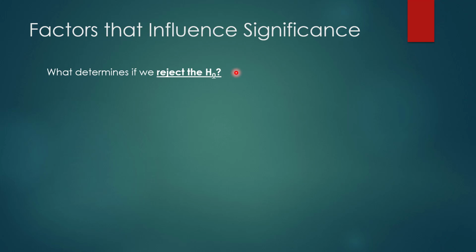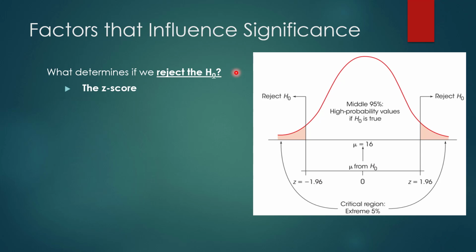So let's think about it. First, we state our hypothesis. Then we set our criteria, that alpha level. And that alpha level gives us a critical z-score. Then we calculate. And what are we calculating? A z-score. This critical z-score marks the boundaries for our critical region, and here we have a two-tailed test, so we have two critical regions.